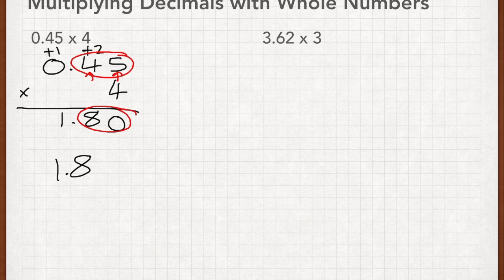Now moving on to the second question. This time I'm also going to show you a checking method. So we're going to add to the equation now by using estimation as a checking method. Now how we estimate is we just look at the front two numbers or the whole numbers of the question.